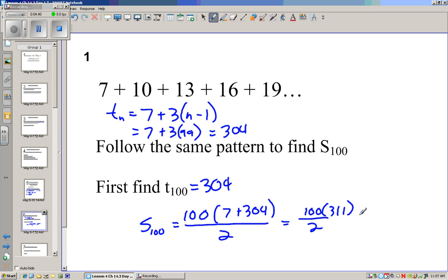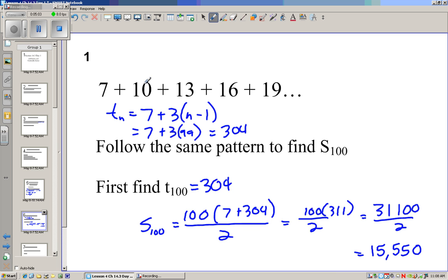If I multiply this, it would be 31,100 divided by 2. I did it on my calculator: 15,550.